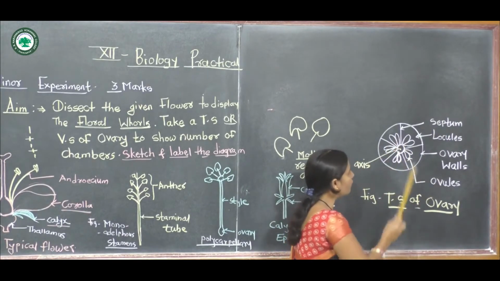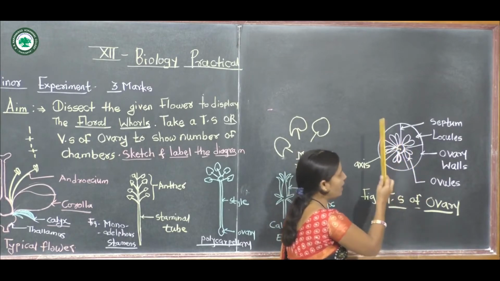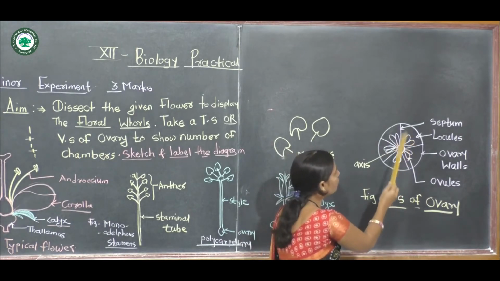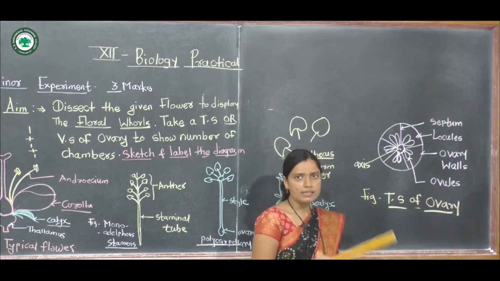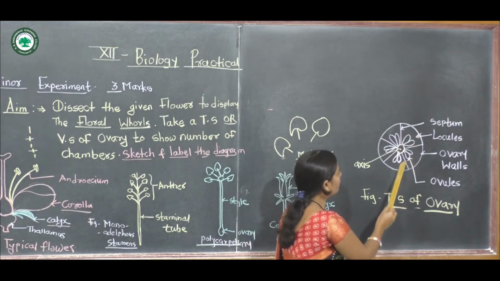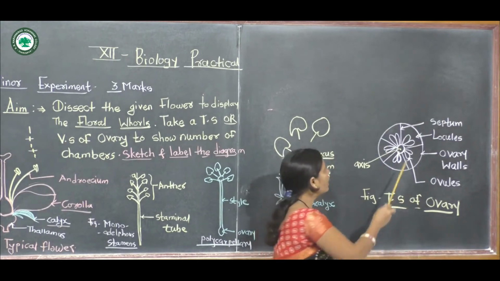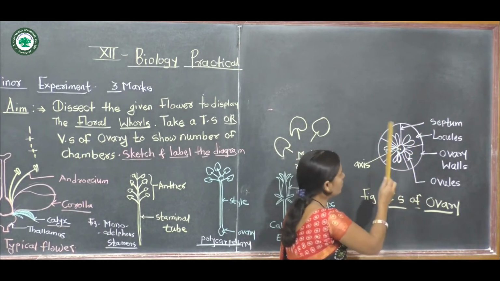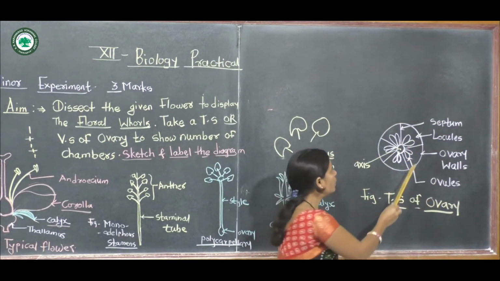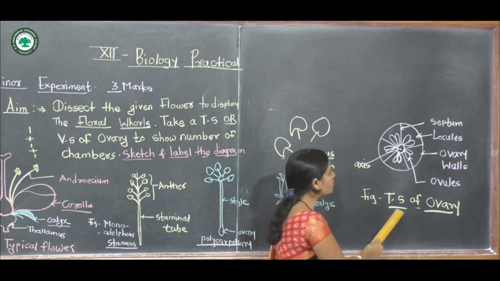In this pentacarpellary ovary, 5 carpels means 5 chambers are found, and in each chamber 2 ovules are present, arising at the central axis. This is the transverse section of the ovary.